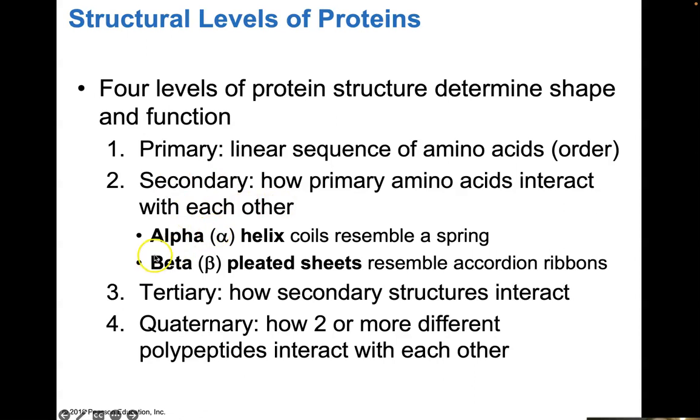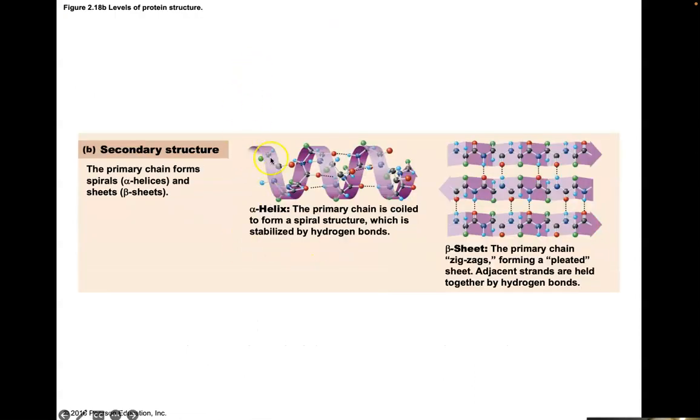So our secondary structure can either be that it will fold in some areas into an alpha helix, that's a coil, okay? So like this, and again, our R groups are going to determine that. Or is it going to fold in what we call our beta sheet that kind of zigzags back and forth like this.